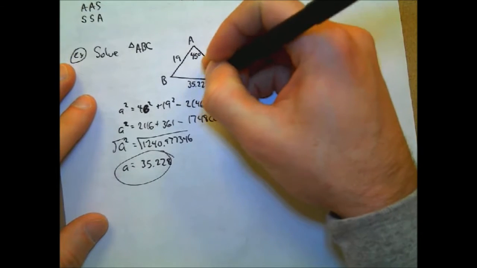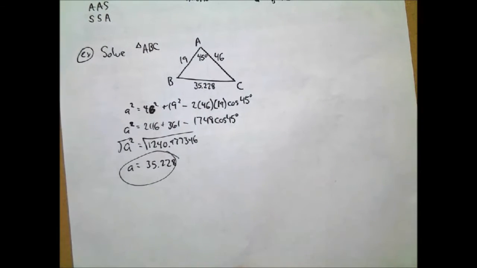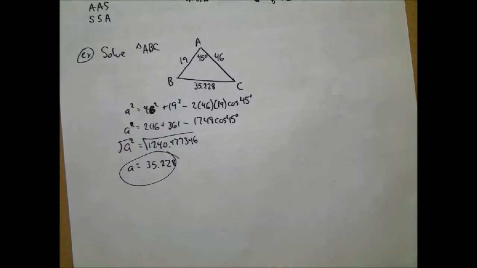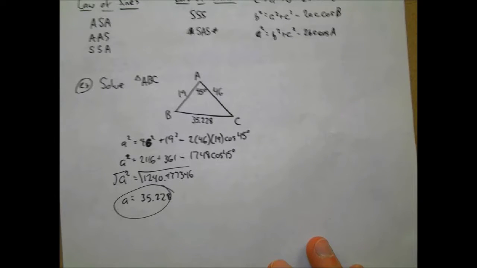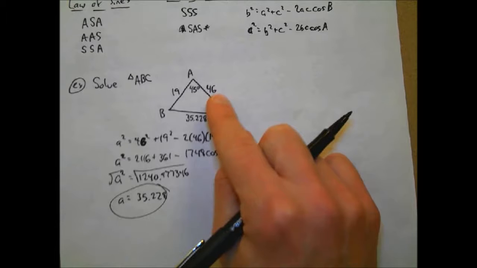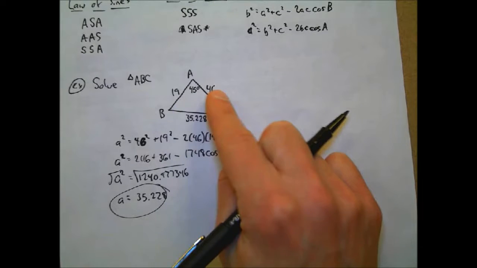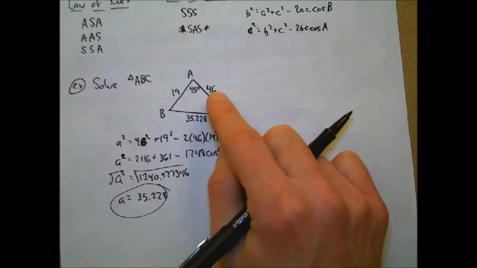35.228. Okay, like so. And now, at this point, what do we use to get the rest of the pieces? Law of sines. I would encourage you again to start with the biggest side. So I would go now to solve for angle B. I think that's a good way to go there. So let's do that.